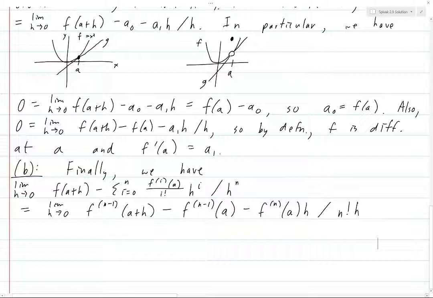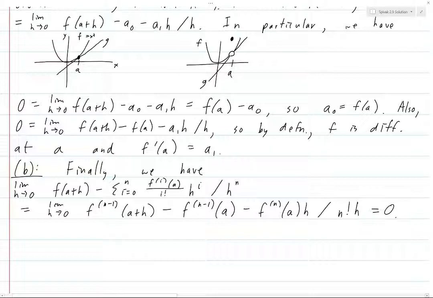And so what that means is that this limit that we see here, if you remove the n factorial, must be precisely 0. So this limit equals 0. And so that means that the limit that we began with is equal to 0. But the limit that we began with is precisely the limit that needs to be 0 in order for f to be equal to g up to nth order. And so there we go.